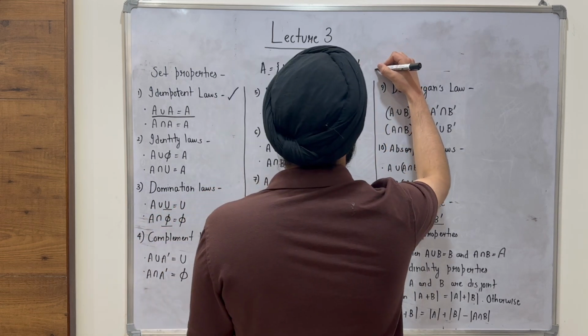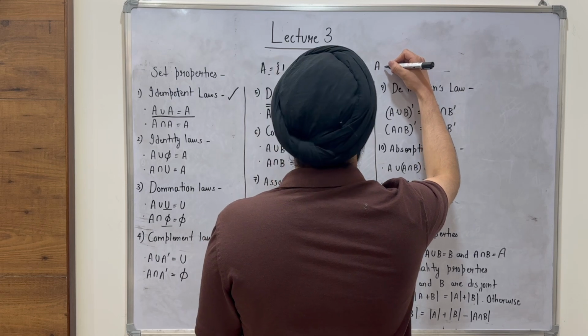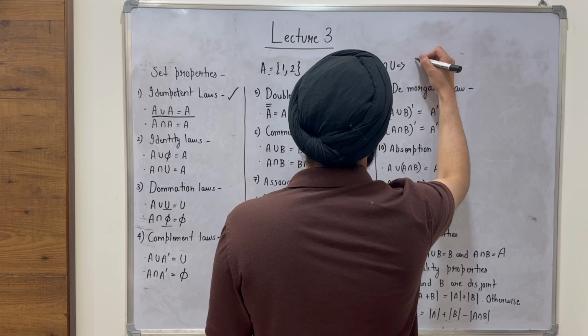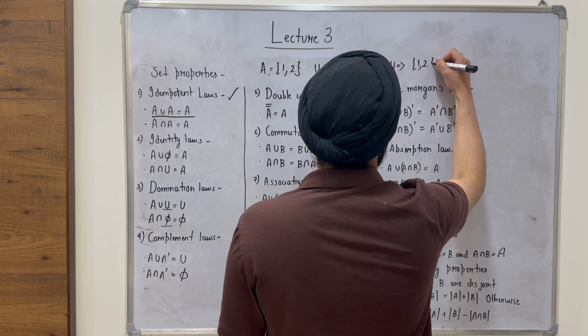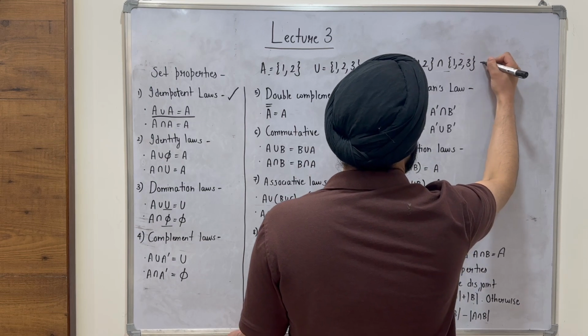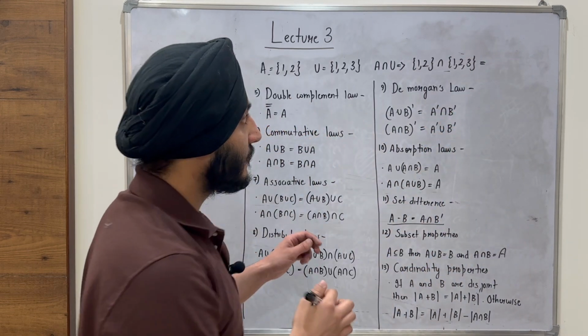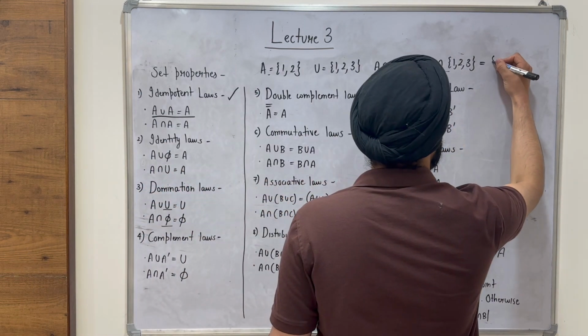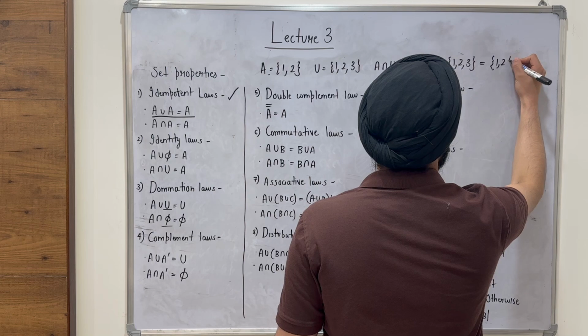Think about it. A intersection with the universal set would basically mean 1, 2 intersection with 1, 2, and 3, right? And what does this mean? Intersection means all the common elements between both of them, which is going to be just 1, 2 over here.